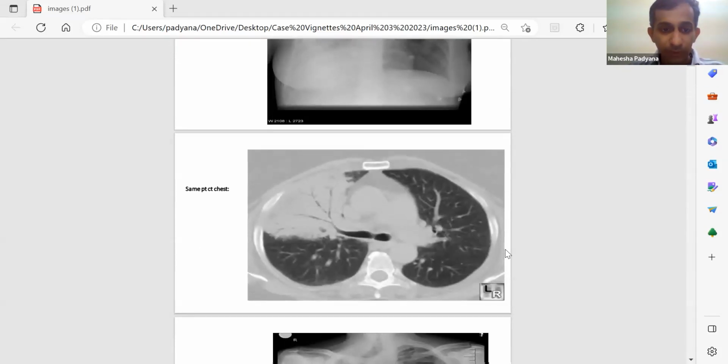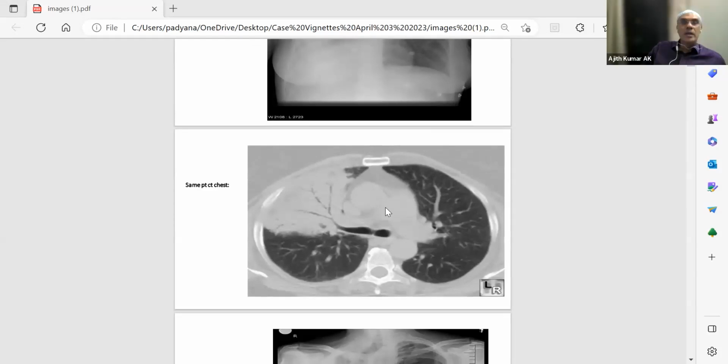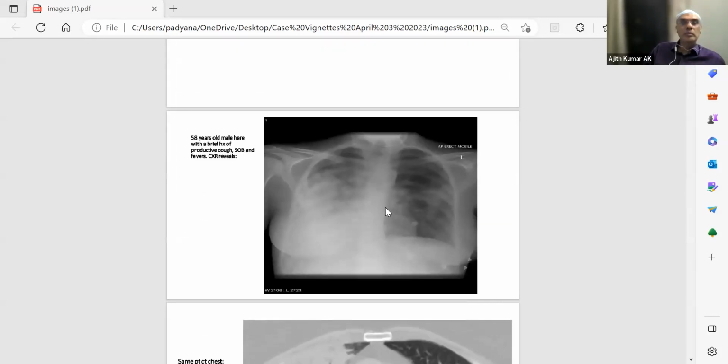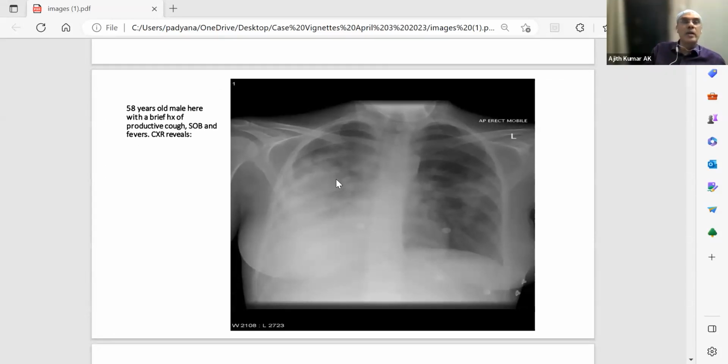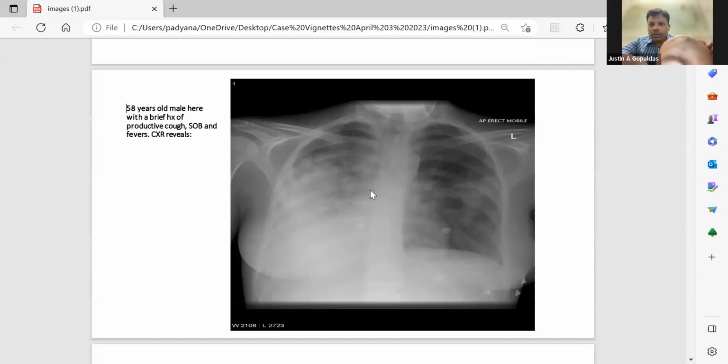I think it's in a PDF format. Yes, it's visible, right? Absolutely. Okay, it's a PDF format, you can expand as much as possible. Yeah, thanks. Visible, right, sir?